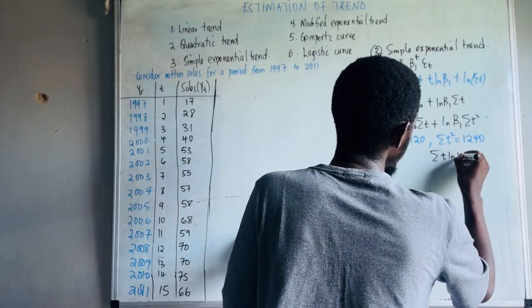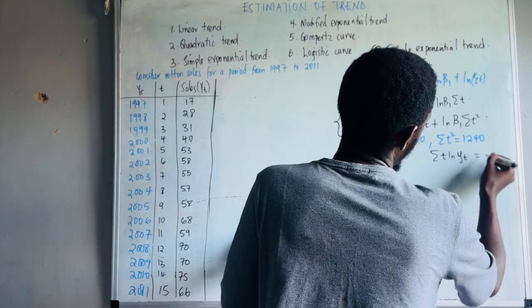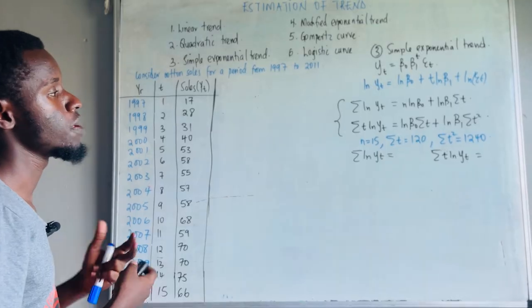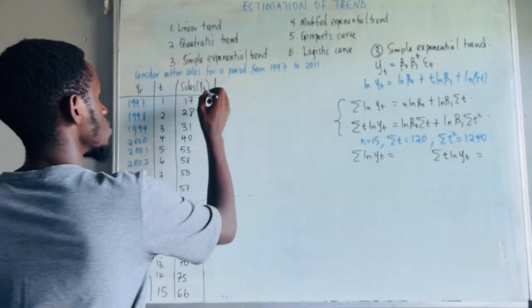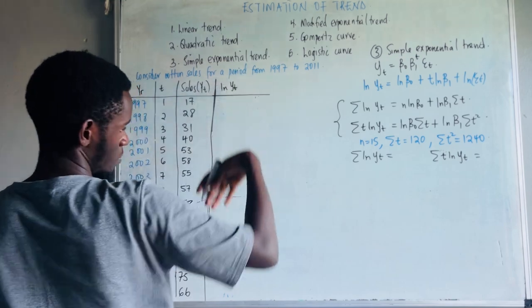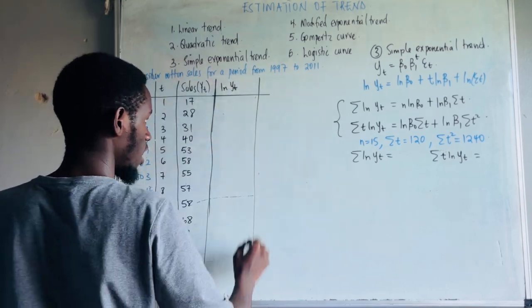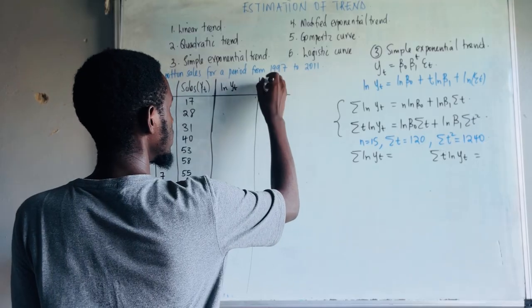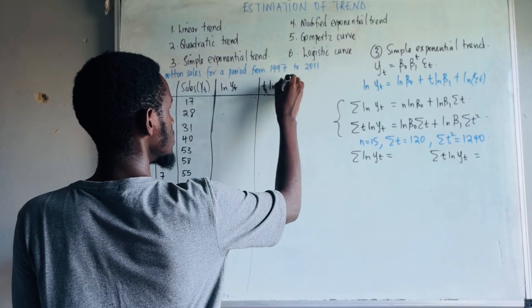We need summation, and then we need of now t, just like that. Then we find the summation.